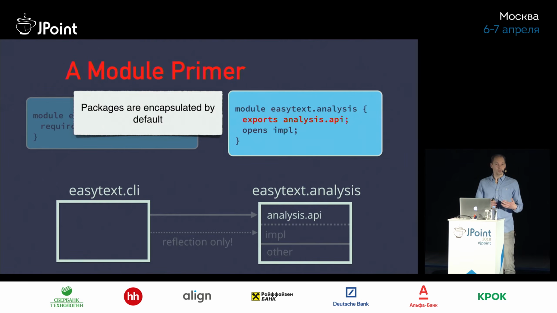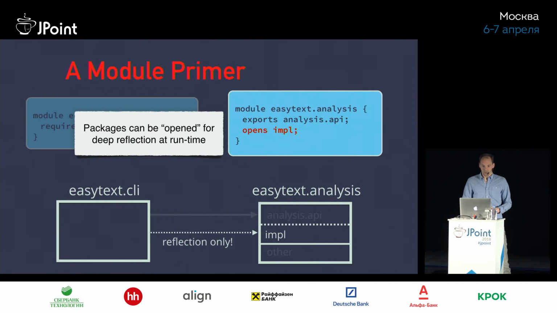In essence, you want to keep as much as possible of the implementation of a module internal, so you can change it without affecting consumers. So you can maybe even swap out parts and just rewrite parts without affecting any of the users of the module. Now, there's also an opens keyword here, and we'll get back to that later.